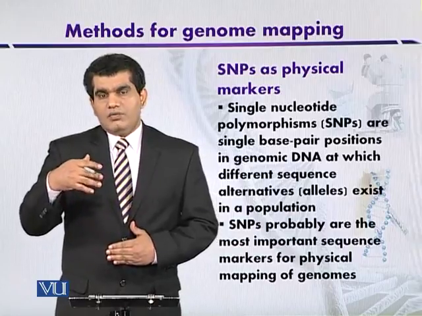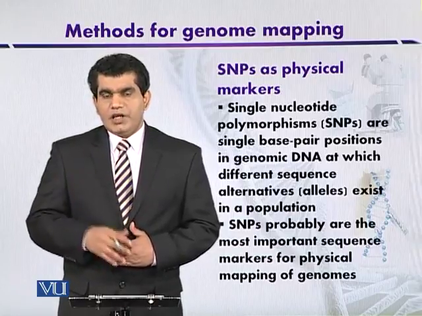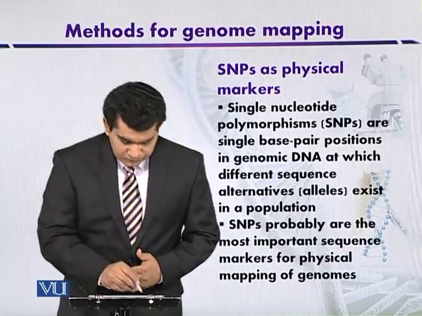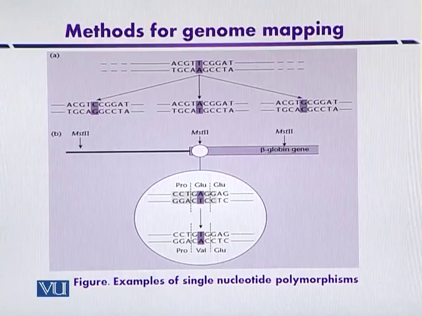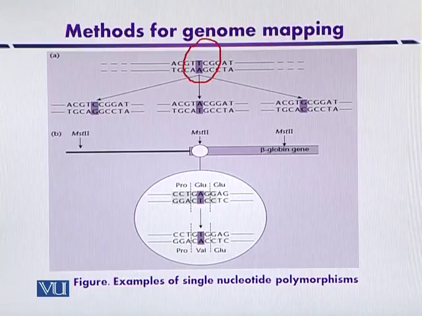So we can explain it with the help of a diagram. This is a sequence showing single base pair substitution, and in the upper strand there is a TA base pair, especially thymine in the upper strand.